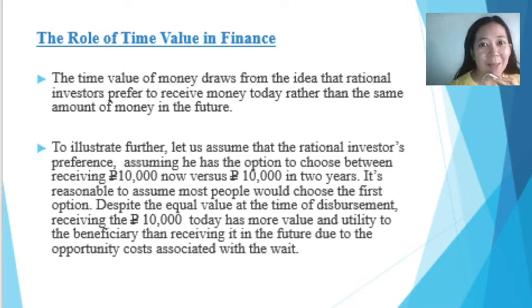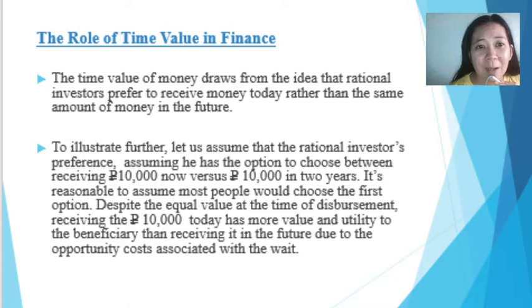To understand better, let us have this example for illustration. Assuming the investor will have the option: number one, he will receive 10,000 pesos now, or receive 10,000 pesos after 2 years.